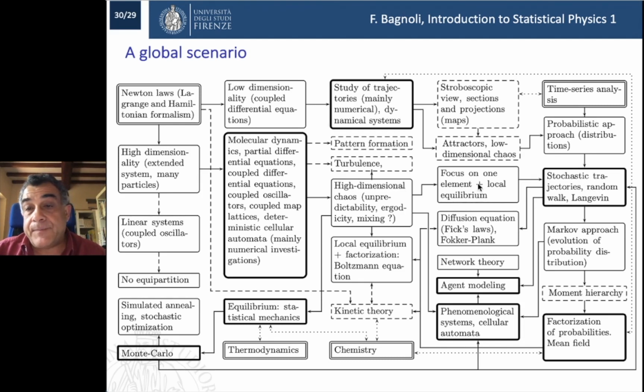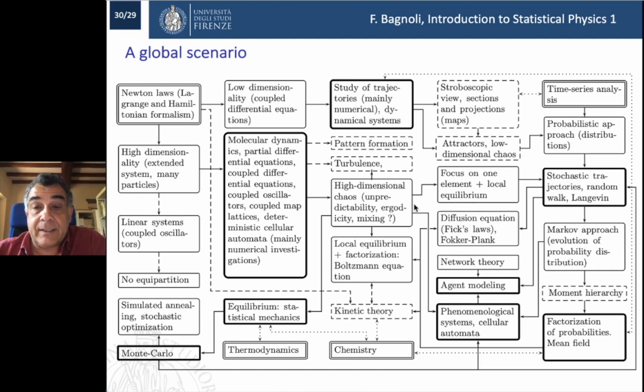But clearly, one can arrive here also considering, as we anticipated, the high-dimensional chaotic systems, for instance, those obtained by molecular dynamics, and focus on one element. Again, one can get to stochastic trajectories, and from here one can study diffusion, for instance the Fokker-Planck equation, or generalize it to a Markov approach, evolution of probability distribution.